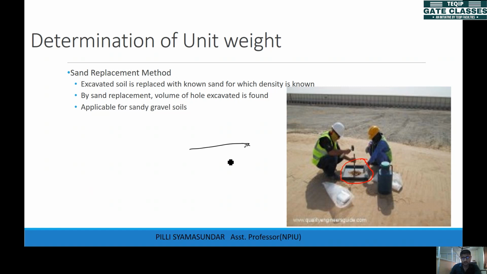Let's say this is the ground. You keep a tray and then you make a hole here, right? The soil is excavated inside this tray. Now you remove the tray, so you are left with the hole. Now this hole is replaced with sand. The soil removed from the hole is replaced with sand.